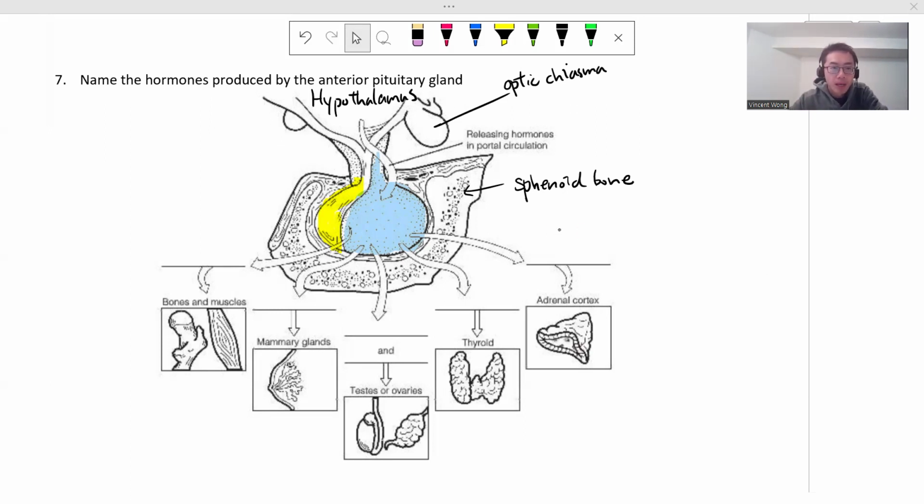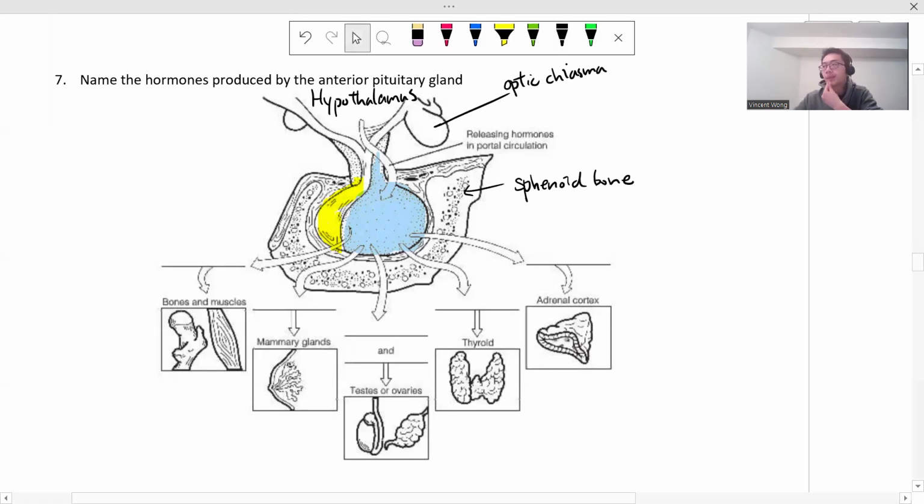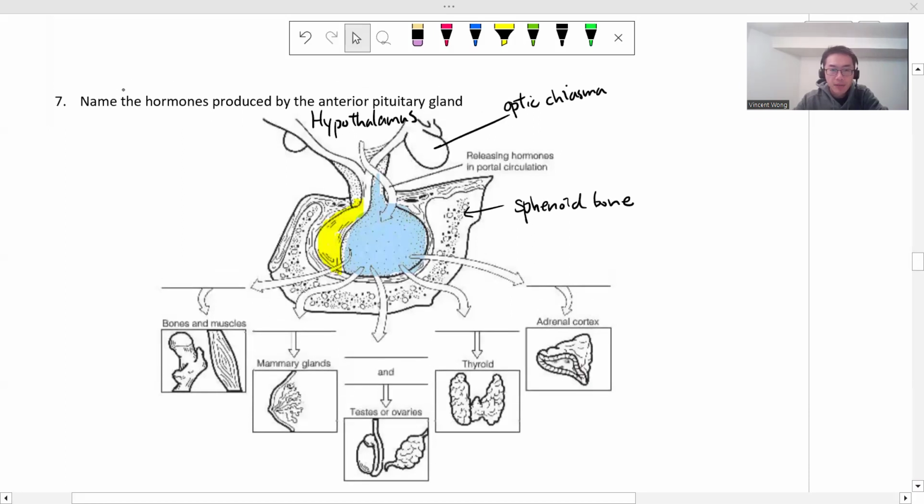Okay, so what hormone targets the bone and the muscle? Bones and muscle. And again, this is from the AP, the anterior pituitary. The calcitonin doesn't come from the AP, does it?